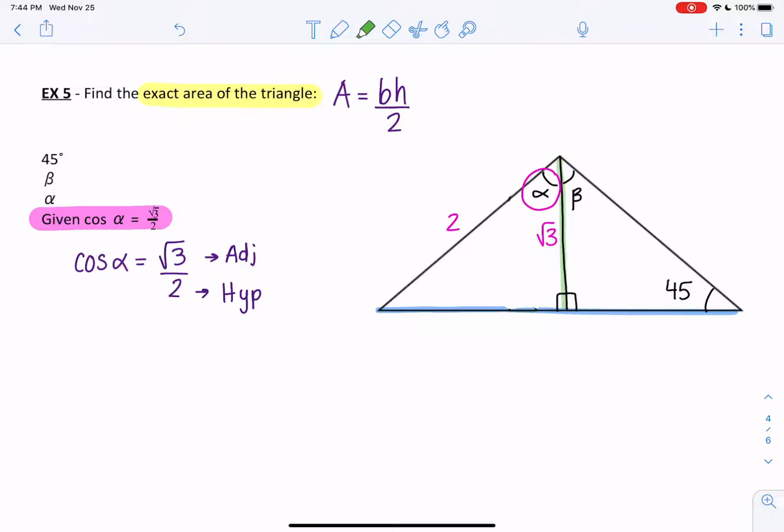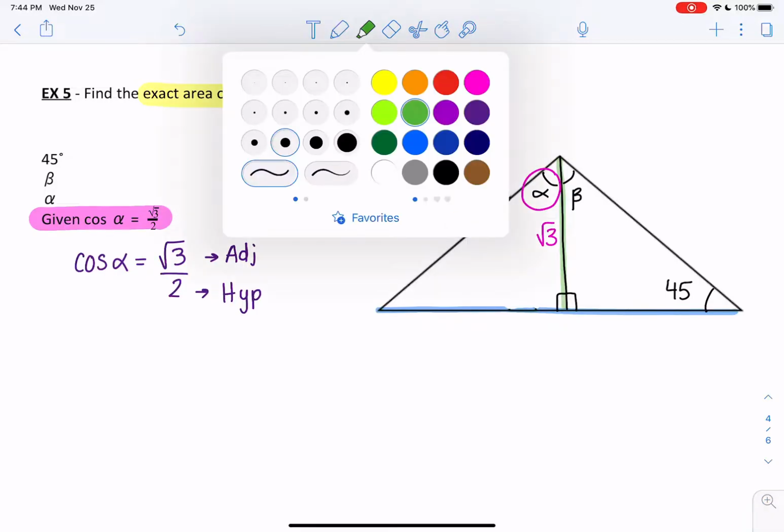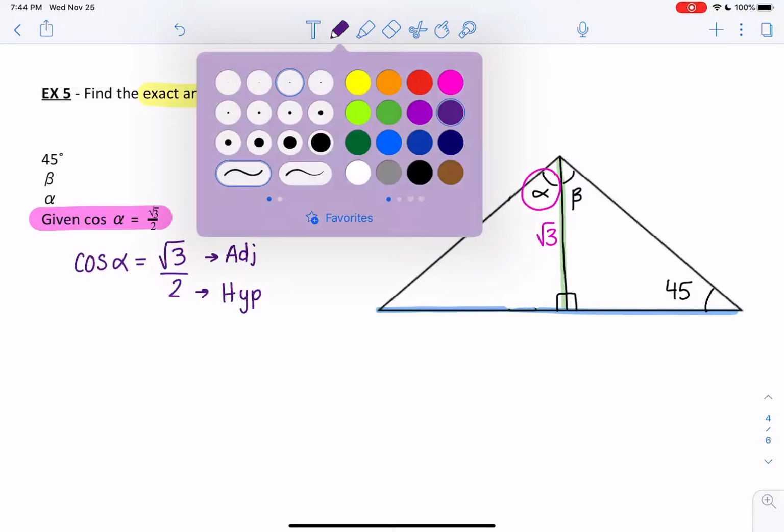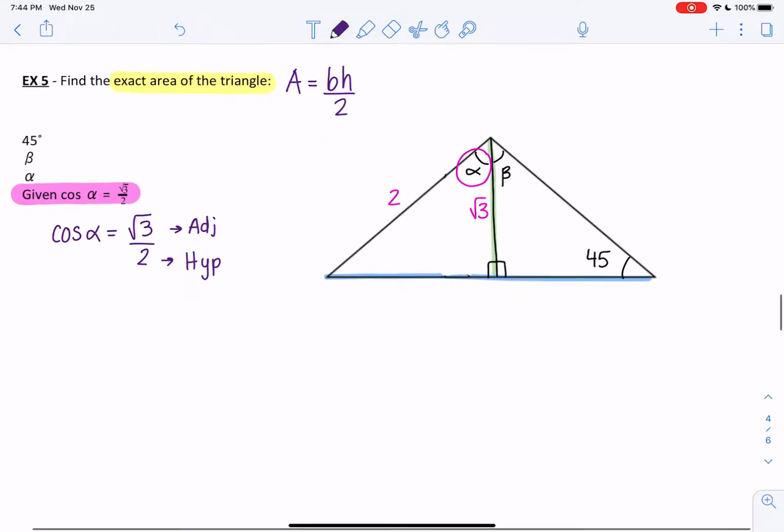Now we also need to find the base of this triangle, because we need to find both this side of the base and the other side of the base. So to find this side of the base, I can use my Pythagorean theorem. So I have C, A, and B, and I'm just going to solve for B. So A squared plus B squared equals C squared.